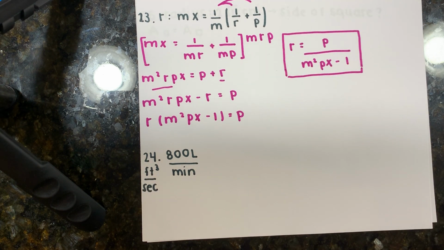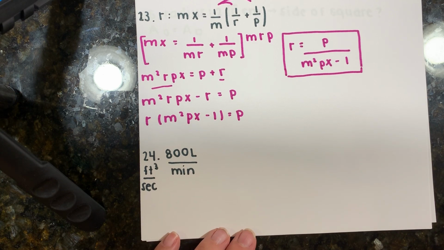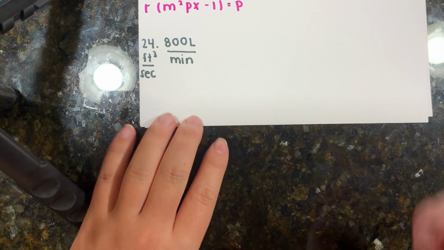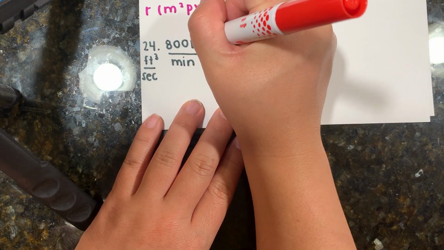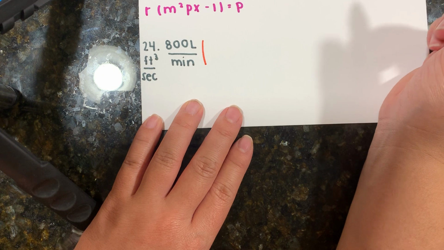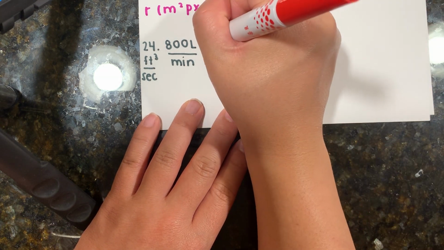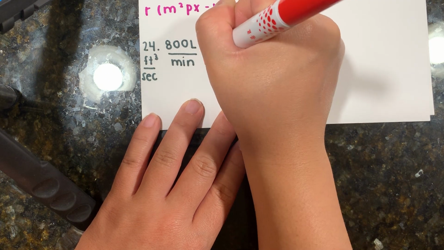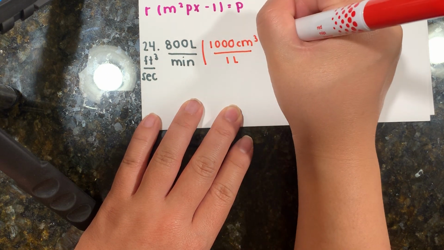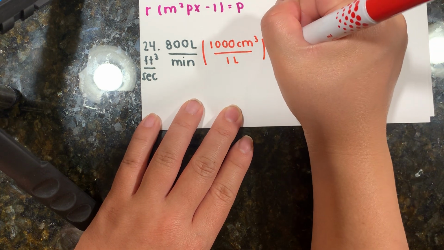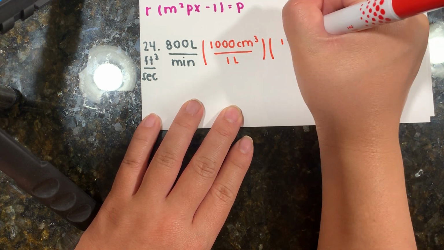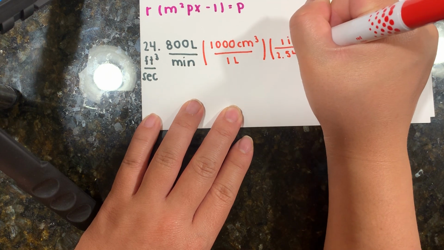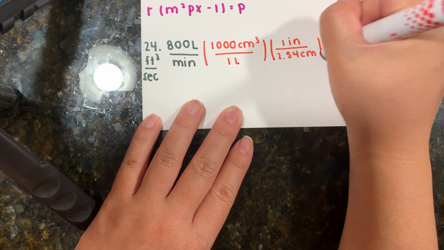And that's 23. Now number 24, I need to convert this from 800 liters per minute to feet cubed per second. So I'm going to start by converting this from liters to cubic centimeters. 1,000 cubic centimeters is equal to 1 liter. Now centimeters to inches: 1 inch is equal to 2.54 centimeters, and that would be cubed.